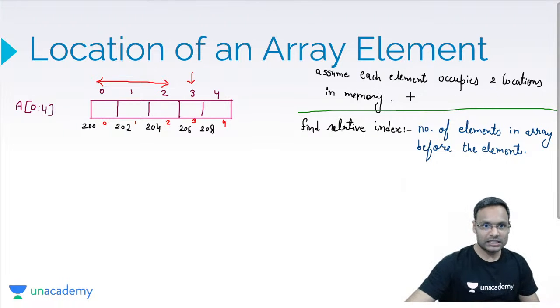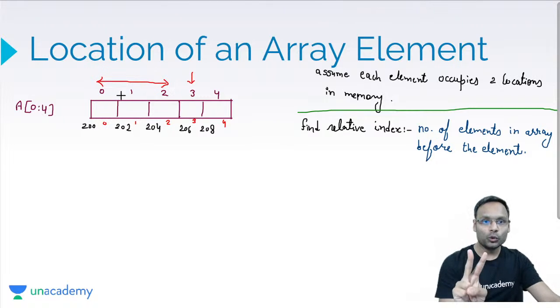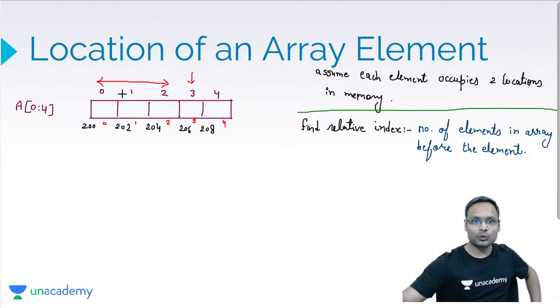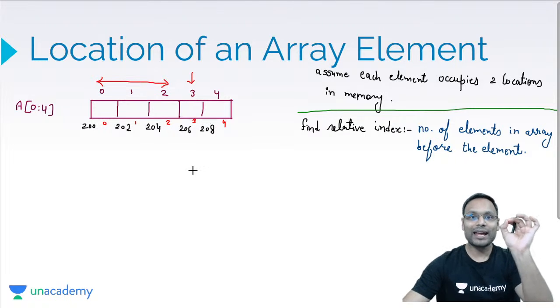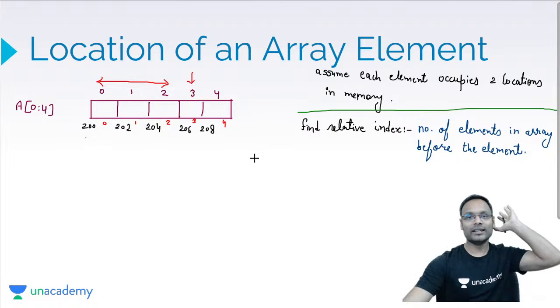Total 6 locations are gone. That is my actual displacement: after 6 locations from the base address, the element with index 3 is present.